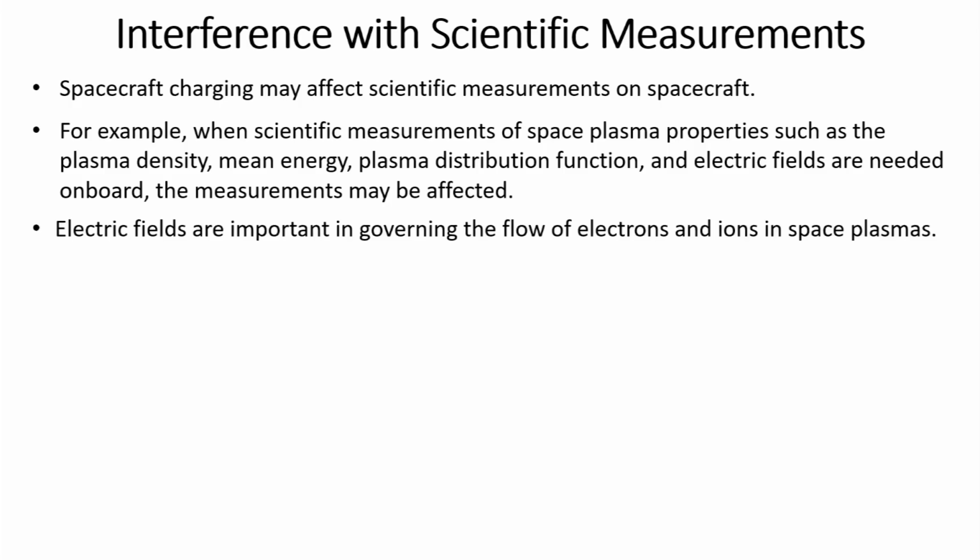But if the spacecraft is charged, then those measurements will be influenced, because the spacecraft can be non-neutral. Like in the ionosphere, the density or the energy is very low.